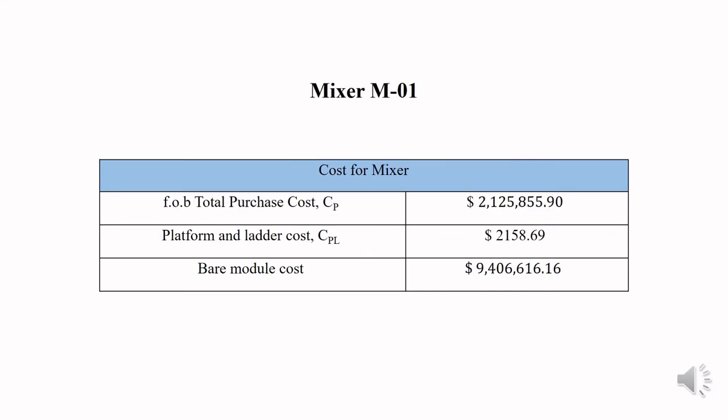For mixer M01, after including total purchase cost, platform and ladder cost, the bare module cost for mixer M01 is $9,406,616.16.